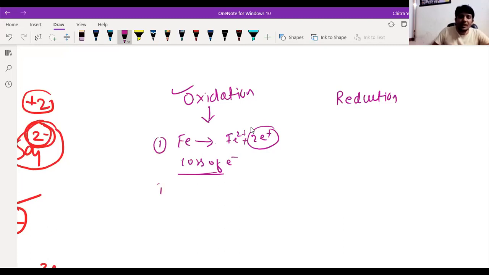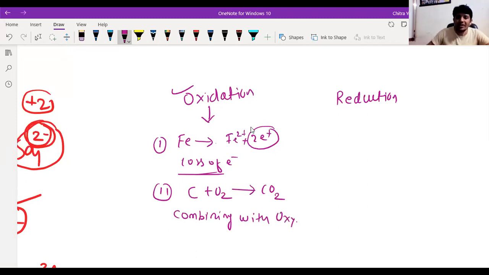Second condition, if any species combines with oxygen. If we burn carbon in presence of oxygen, it will form carbon dioxide gas. So here gain of oxygen takes place, or combining with oxygen. It is again called an oxidation reaction.